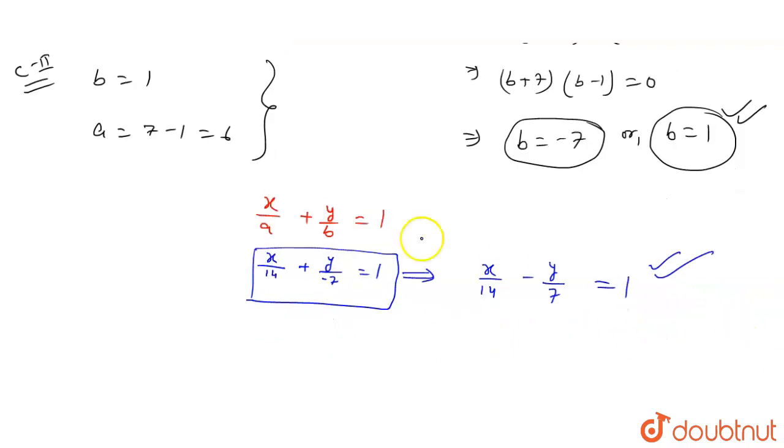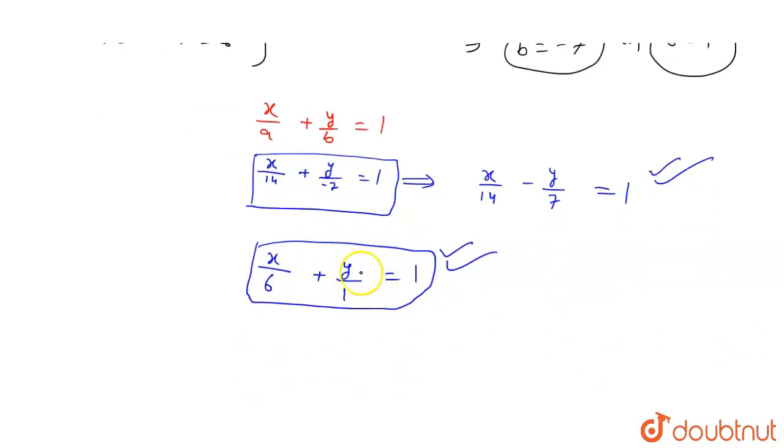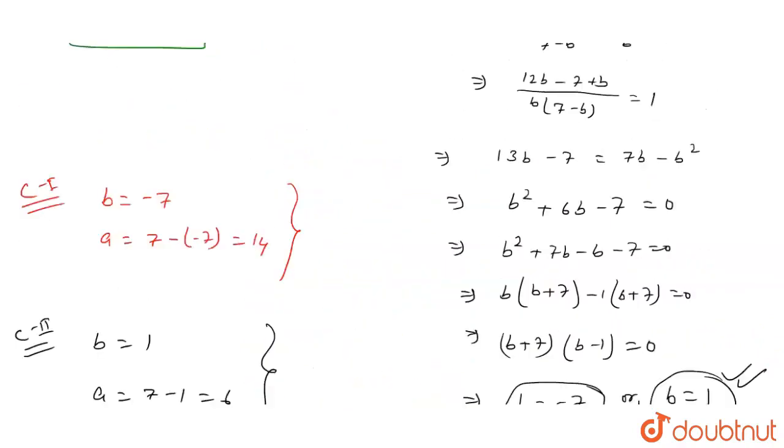And if you take case second, then this will be x by a, which is 6, plus y by b, which is 1, right? Is equal to 1. This is our second answer, okay? So we got 2 lines, means 2 lines are possible.